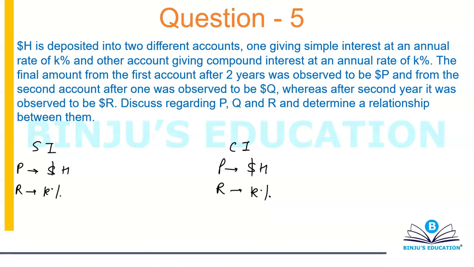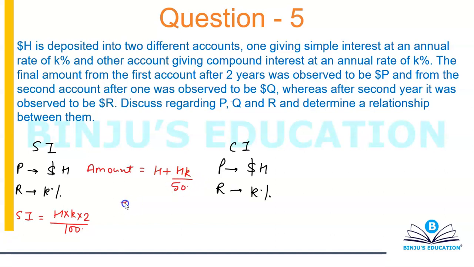So what you can simply do is calculate the simple interest after 2 years, which will basically be H into K into 2 divided by 100. And since it says the final amount, your amount will basically become H plus HK by 50.